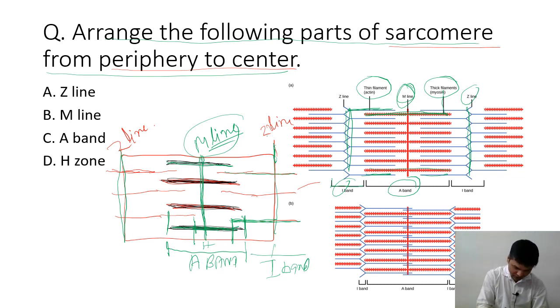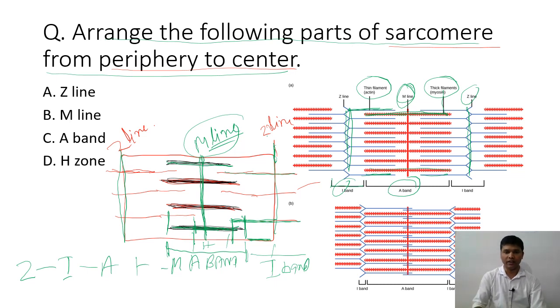First is the Z line, then the I band, then after the I band we have the A band, and in the center we have the H band and the M line also.